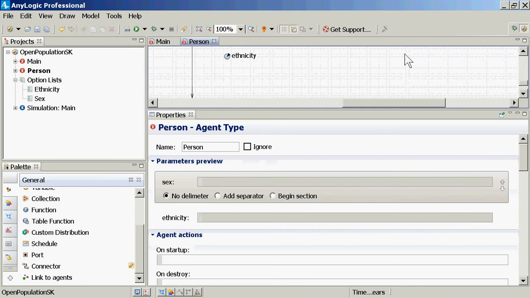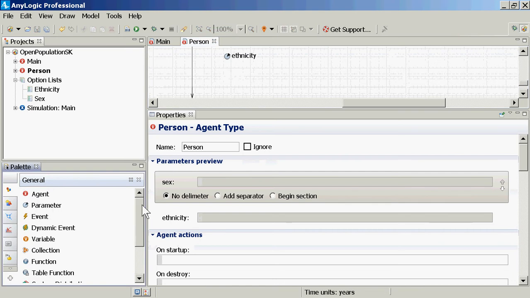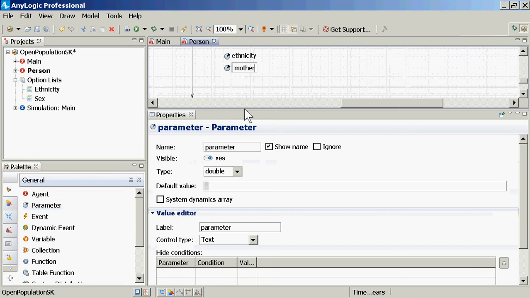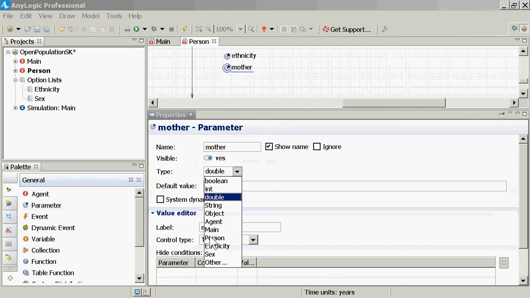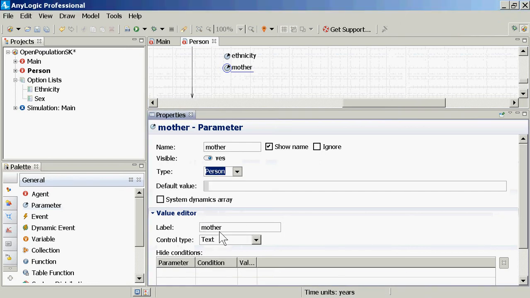We're going to associate people with a certain other person who's their mother in the population. How would I have something that refers to my mother? Well, I can add a parameter. We'll call the parameter mother, and what type will that parameter be? It'll be a person. It'll be a reference to a person.